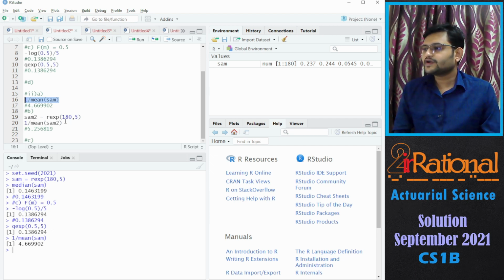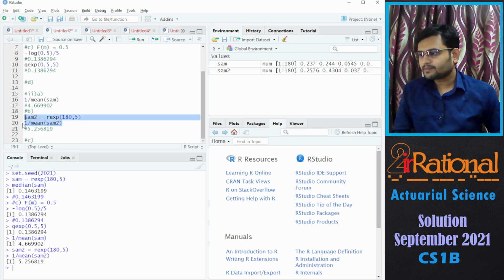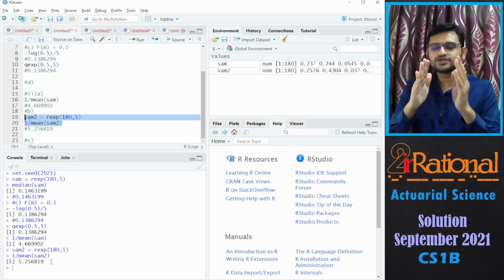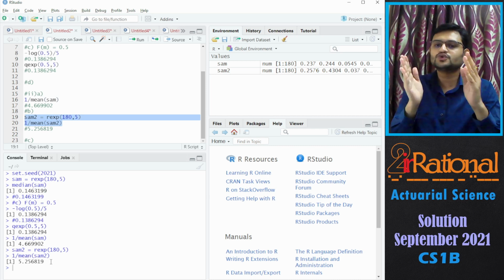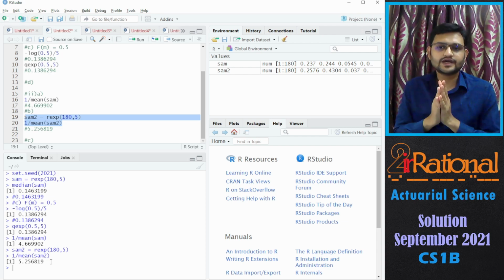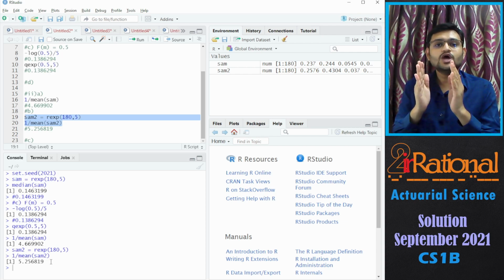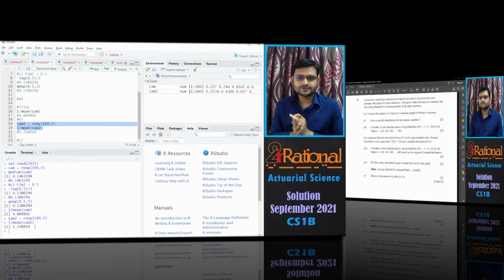For the second one, we'll take the same thing, SAM2, and we'll create it from our random sample REXP 180, 5, and we'll do again 1 by mean of that. So it is 5.25. So you can see the variation is nearly 5. So your answer would be both are nearly 5. The variation is due to the different samples taken into account and the sample being not very large.